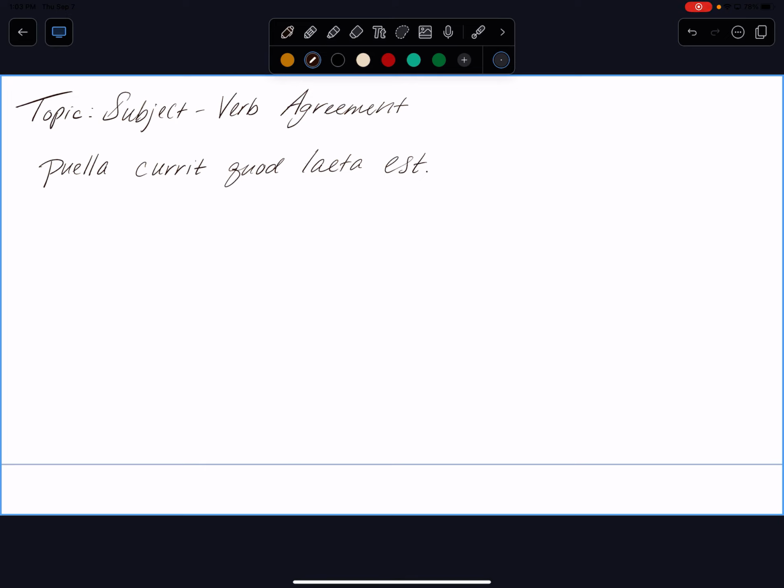Puella currit quod laeta est. Okay, so let's mark it up. All right, first things first, how many verbs do I have here? A couple. I have 2. Yes, and 2 is a couple, so you were technically right. You got it. Okay, what's my first verb?